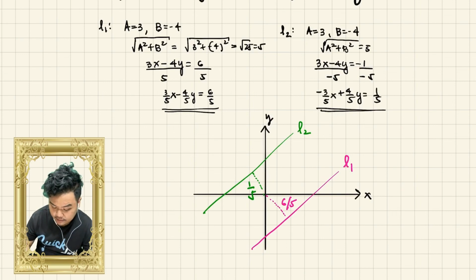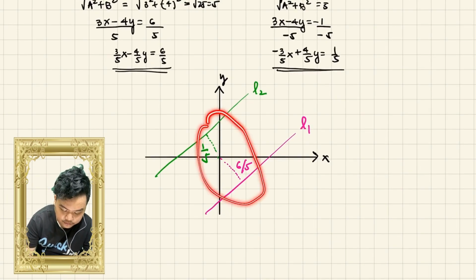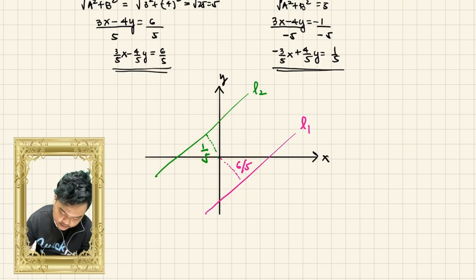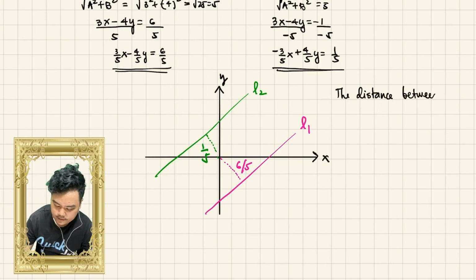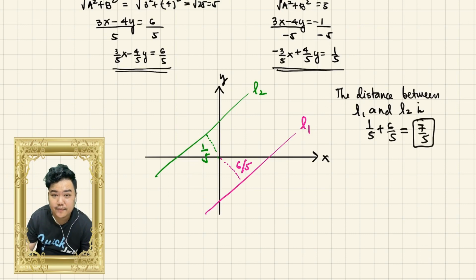So, ano yung distansya between these two lines? So, yung magiging sagot is the sum of these two. So, the distance between L1 and L2 is 1/5 plus 6/5 or 7/5.